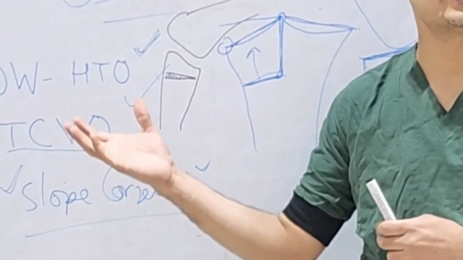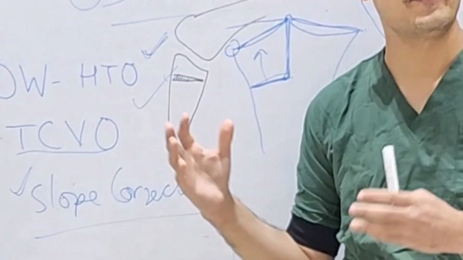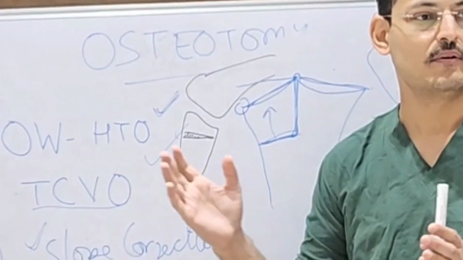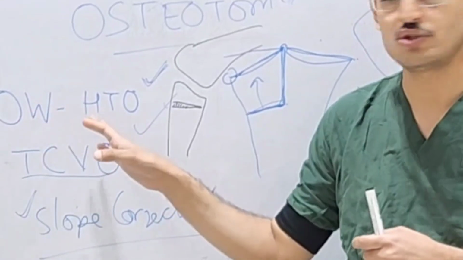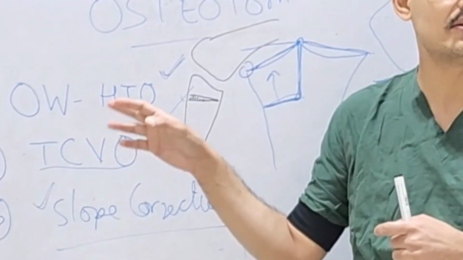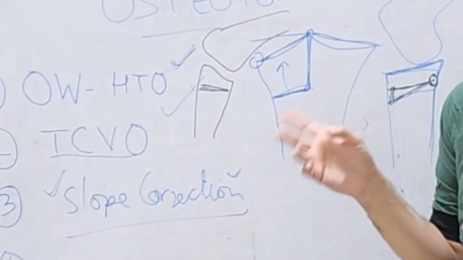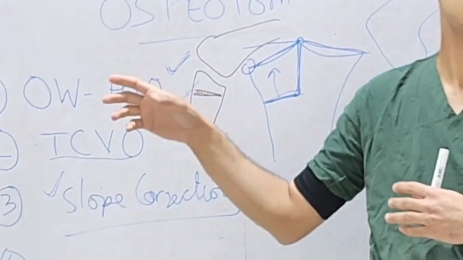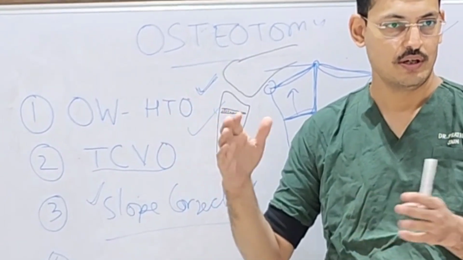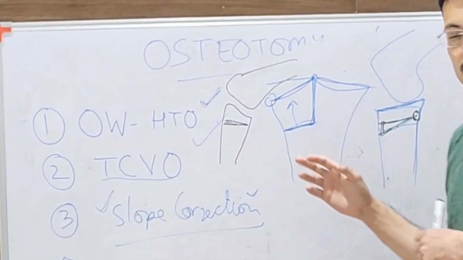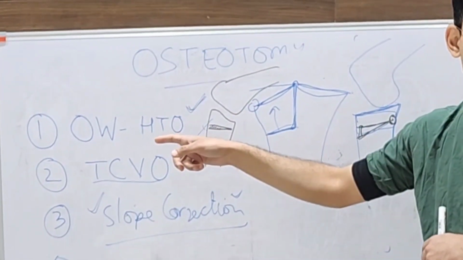So we are not only correcting the deformity, but we are also stabilizing the knee with ligaments. That is why closing wedge osteotomy is less commonly used nowadays, because it will just correct the alignment. It will not correct the ligament laxity, because most of the patients with STO will have a varus thrust. So there are ligament issues also, and you need to address the ligament issues also in these patients.